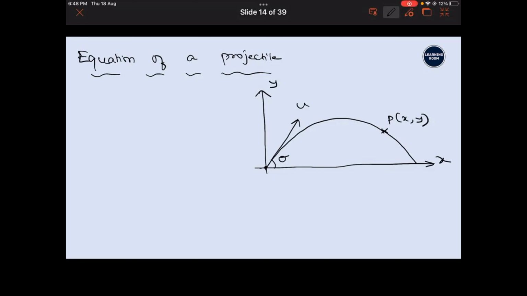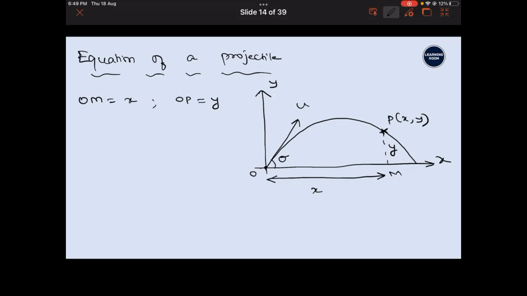Because if you have to write something in terms of physics, you will always involve time. If you have to write something in terms of mathematics, you will always involve x and y. So if I drop a perpendicular here, then the distance from the origin to the foot of the perpendicular is x, and this distance is y. So if I call this OM and P, OM is x and MP is y. Is that right?